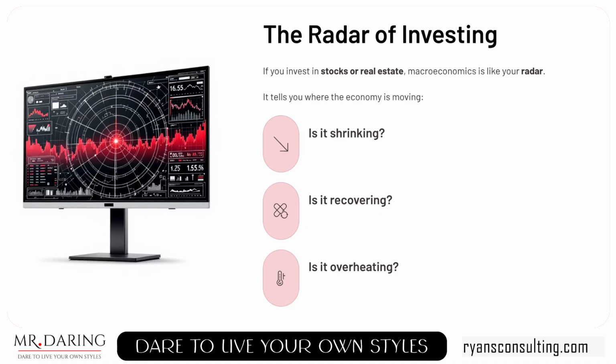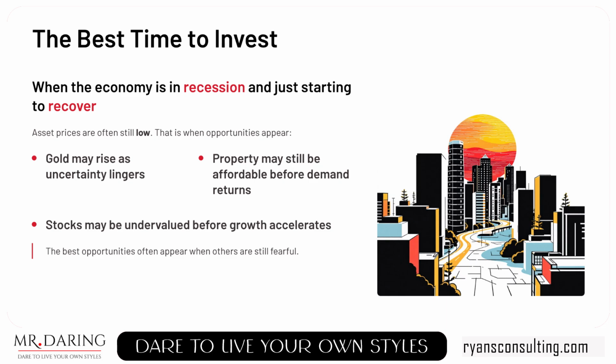If you invest in stocks or real estate, macroeconomics is like your radar. It tells you where the economy is moving. Is it shrinking? Is it recovering? Is it overheating? When the economy is in recession and just starting to recover, asset prices are often still low. That is when opportunities appear.